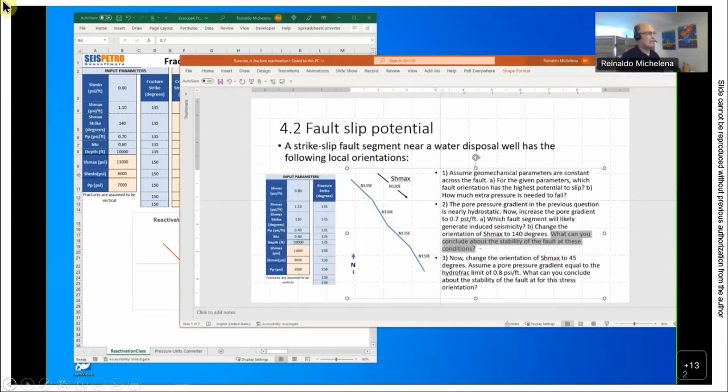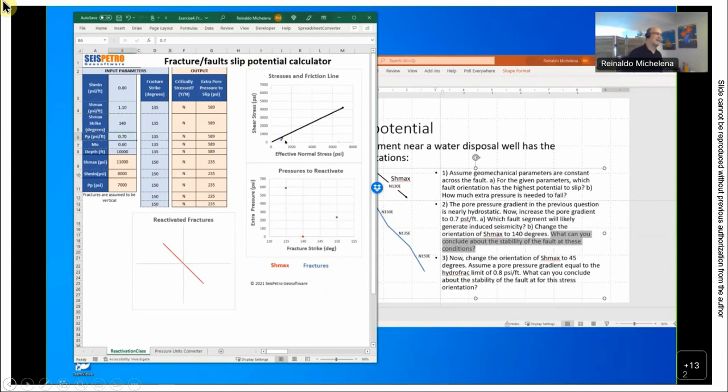Well, if the maximum horizontal stress is 140, then it seems that everything is stable, but it's very close to being reactivated. So maybe a little bit of increased pore pressure, 200 psi, which is not much, and you are very close to generating seismicity.